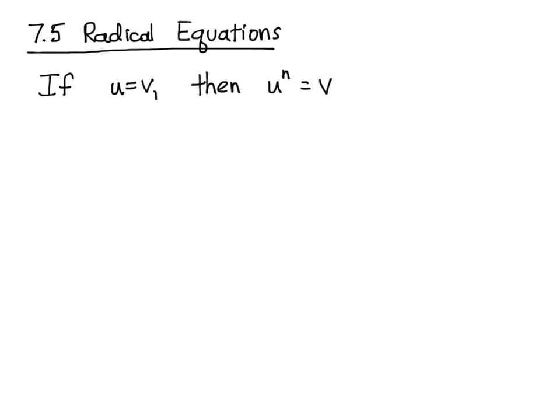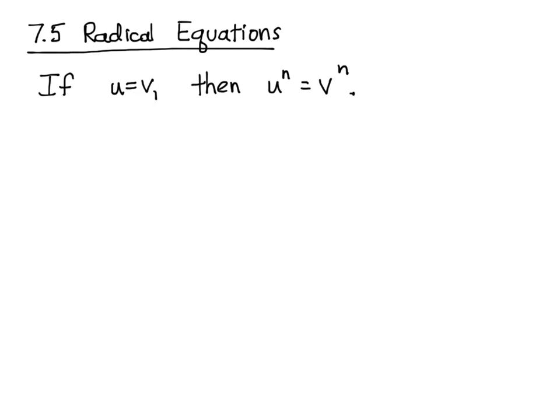All right, so now we're going to go into 7.5, and 7.5 has to do with radical equations. So now that we know how to handle radicals, let's put it in an equation. So how do you solve these? We're going to solve these using the principle that if 2 things are equal, then we can bring both sides to the nth power, and they will be equal as well, okay?